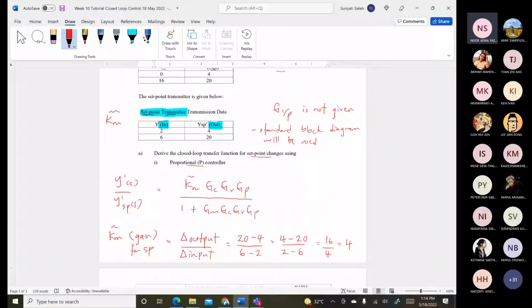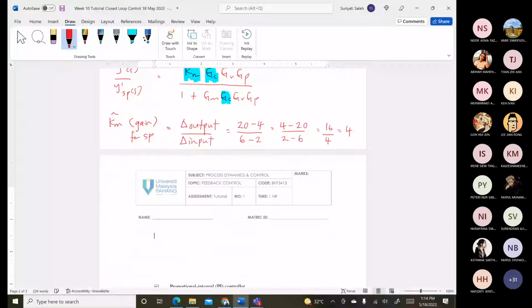So we complete the Km bar here. Now we go for the GC. GC is available in the numerator and denominator, so for this part, the proportional controller will be used. By default, your GC equal to KC, which represents the standard form for a proportional controller.